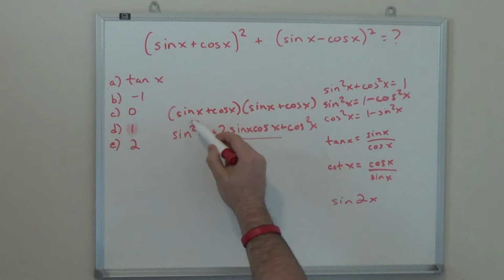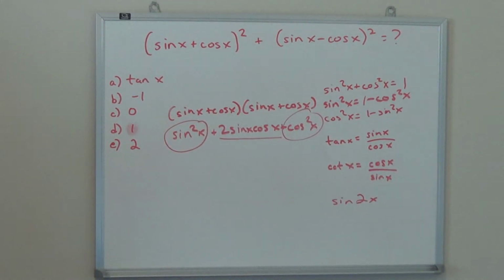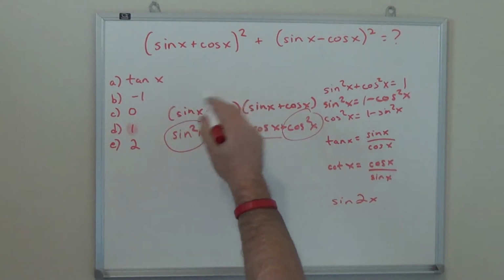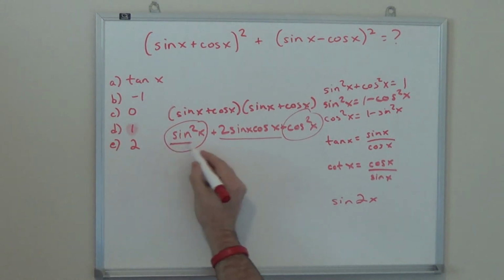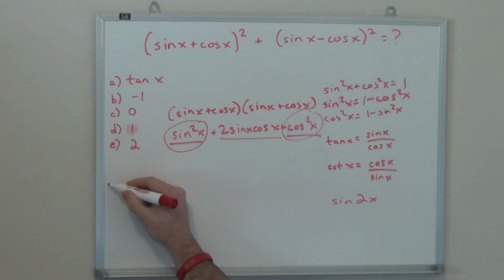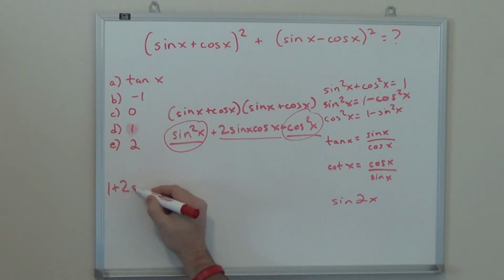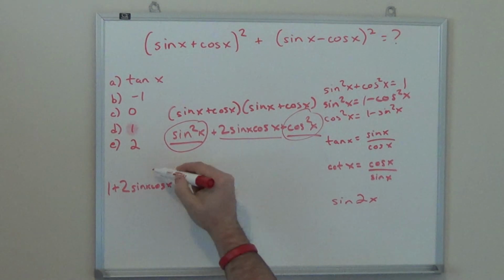But what they are looking for is to see if you know sine squared plus cosine squared, which is 1. So when we expand all that, I can take this and this, combine them and just make it 1. So really I'm just looking at 1 plus 2 sine x cosine x.